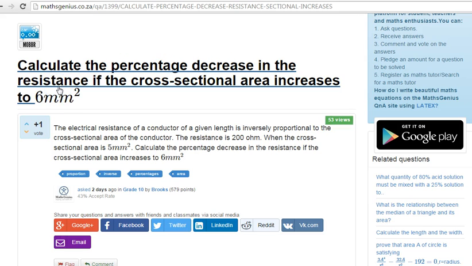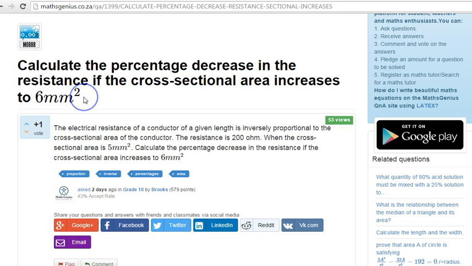So there must be a relationship of some sort between resistance and area. And it seems like they've got an inverse relationship, where an increase in area implies a reduction in resistance. That is what's being implied by this question.